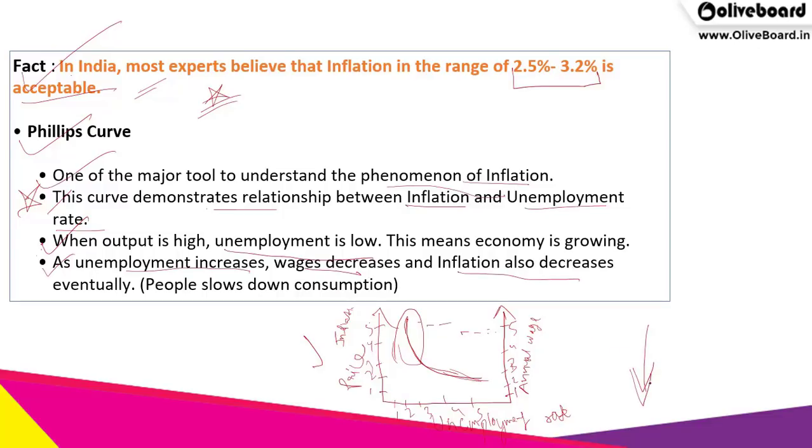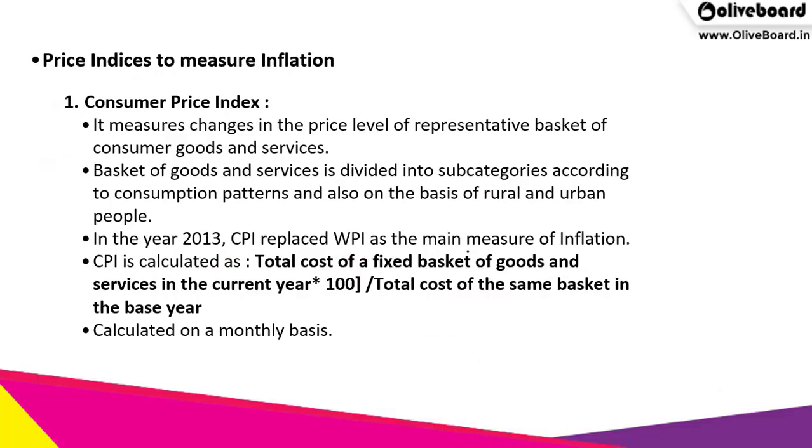They no more can do this. They have to just keep their stove working, and as the wages decrease, their purchasing power also decreases. They will start purchasing fewer goods, and so the inflation also decreases. So this is how a Phillips curve works.